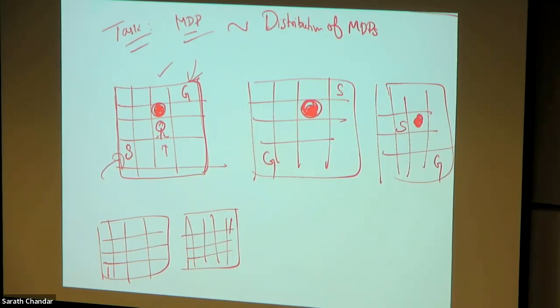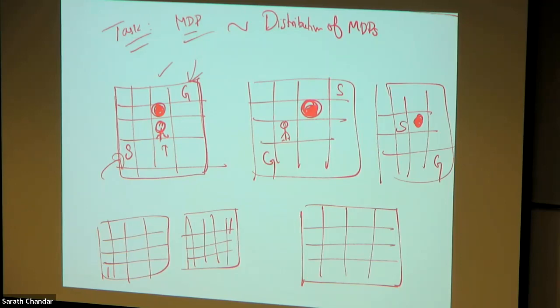Now I can learn a value function which says, if I'm here and the goal is here, it's probably a good state. Let's take the second example. If you're very close to the goal, this is a good value.